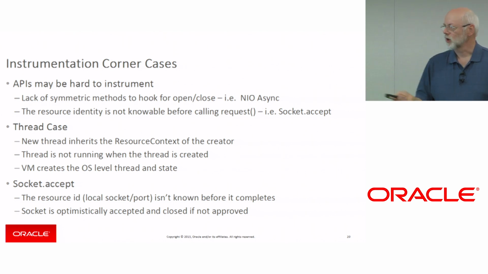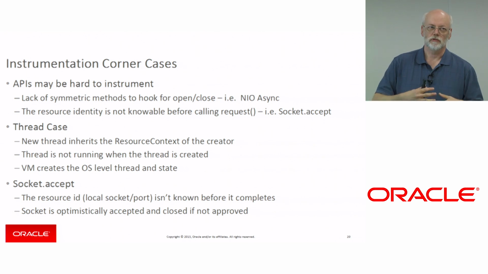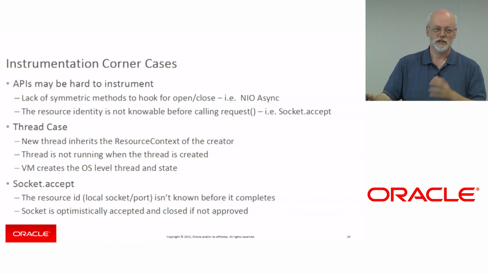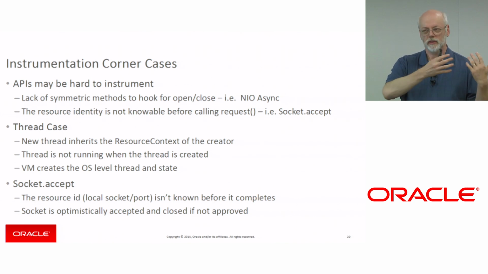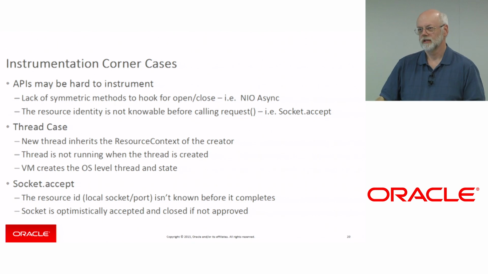And then there are some cases where the model for requesting a resource is such that you really should know the resource ID so you can call it back when you're making the resource request, but you don't know what it is yet. So in socket accept, for example, until the accept actually completes, you don't know what socket's on the other end of the connection. You don't even know the local information.